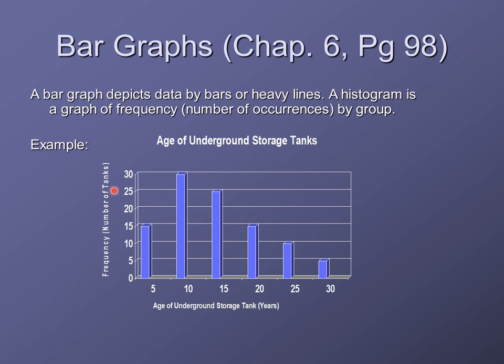And how many tanks are there for different age groups? So you just do the plotting, and let's say somebody asks me, how many storage tanks do you have with the age 10 years? For 10 years, we go here, and this is the age, this is the number of tanks. So pretty much you have 30 tanks with age 10, right?